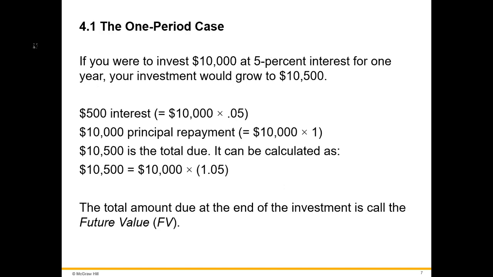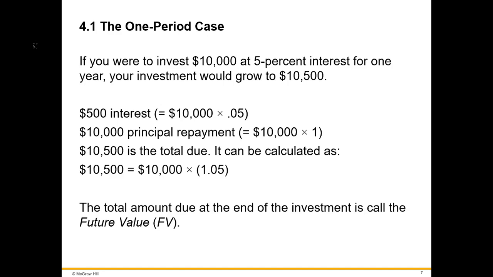If you were to invest $10,000, say in your savings account, at a 5% interest rate for 1 year, what would you have at the end of the 1 year? Well, today, you have $10,000, so that's your present value. The end of 1 year would be the future value.